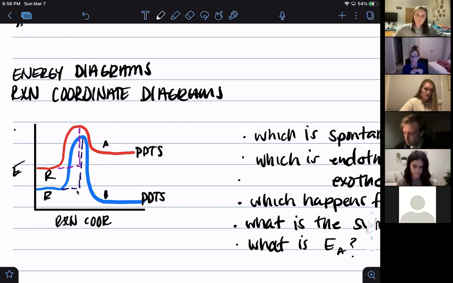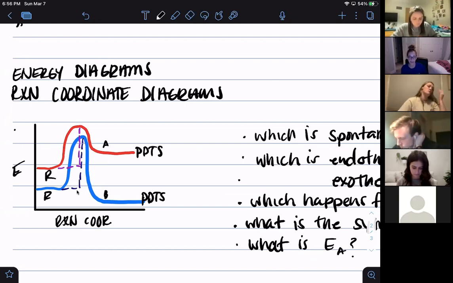Free energy is how much energy I have in the system. So if you have a lot of energy in the system, can I do something more easily than something that doesn't have energy and requires such input? That's how you need to think about it.